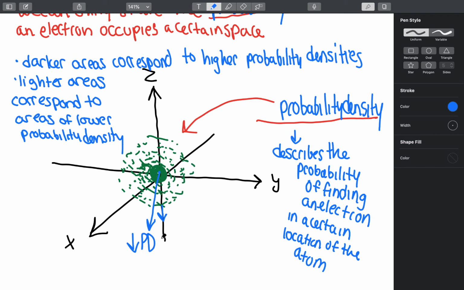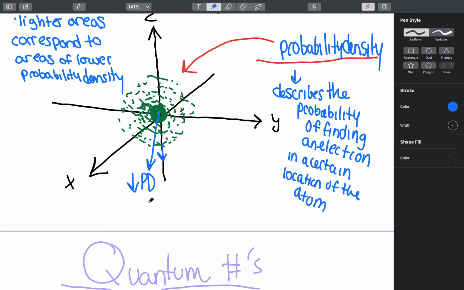So we'll say on this blue line here, decreasing probability density. This darker region here corresponds to higher probability density, and these lighter regions here correspond to lower probability densities. And that's why we say that atoms have a cloud of electrons.